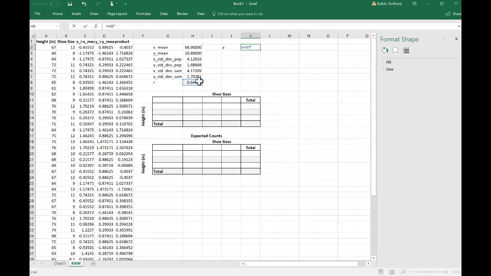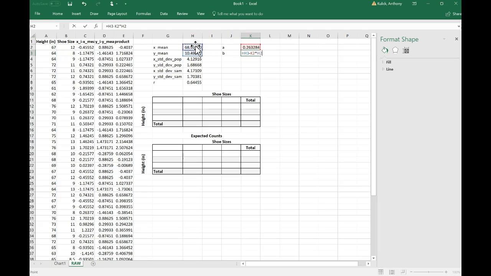So again, the formula here for finding A is the R value times the sample standard deviation for the Y's divided by the sample standard deviation of the X's. And then the B is the y mean minus your A value times x mean.